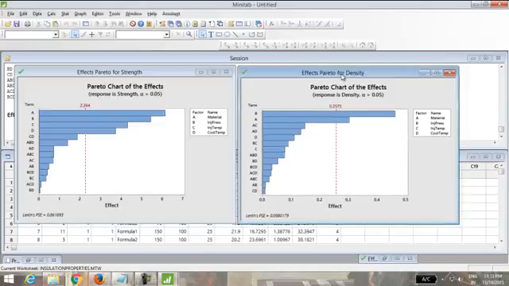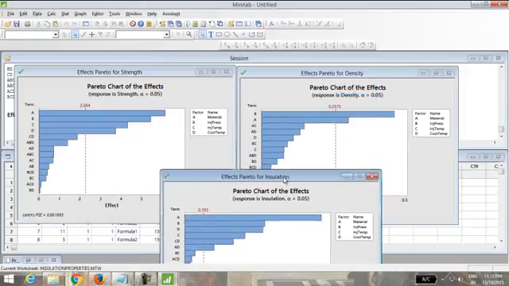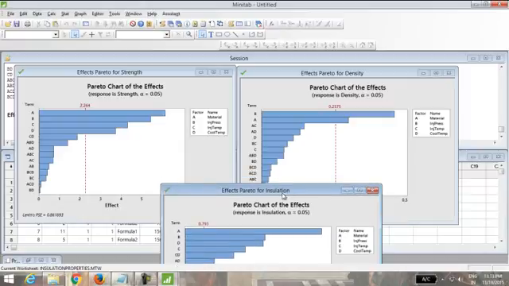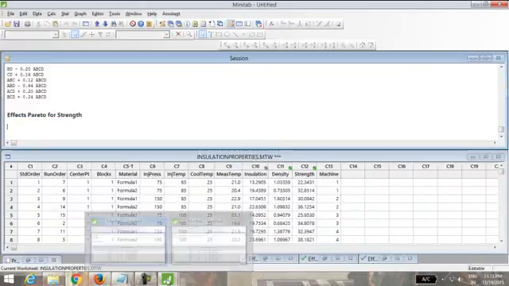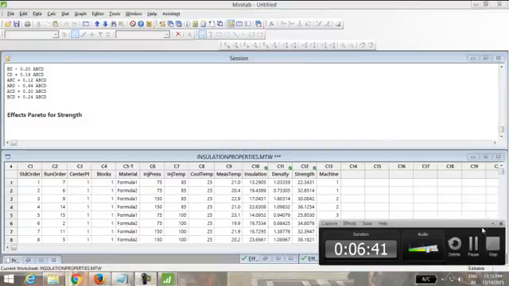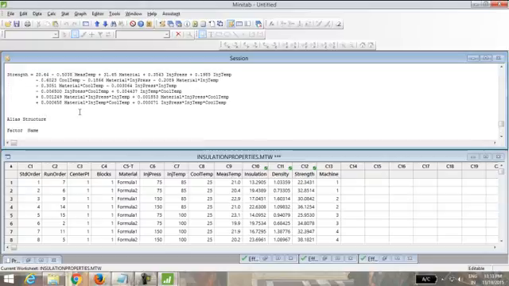Probably I don't have so much space, so you can see for insulation and strength, material was the most significantly affecting factor, and for density we had that injection pressure was the most affecting factor. That was one of it. Now let us look at what other things have been done to it.